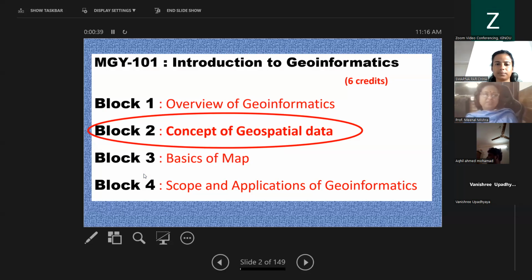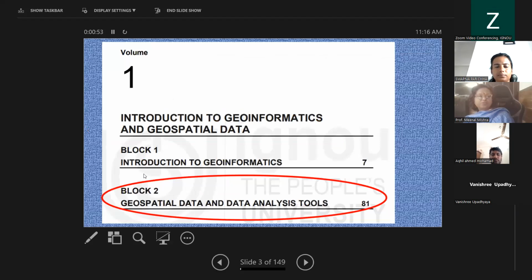Remember that. Your second course is of 4 credits, and the third is also 4 credits. But this is of 6 credits, so it has more units. So today we will be discussing the concept of geospatial data, that is block 2.